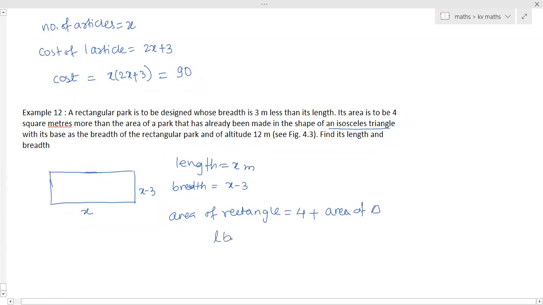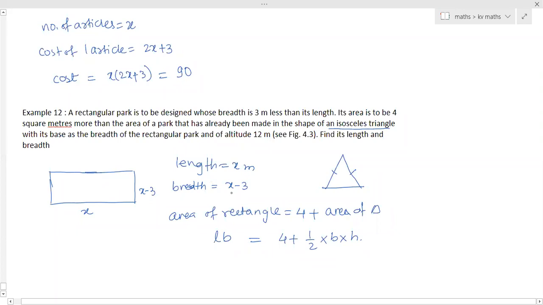So rectangle, length into breadth, is equal to 4 plus the area of triangle, half into base into height. But there is some relation also given. Isosceles triangle, sides are equal. Its base is the breadth of the rectangular park.